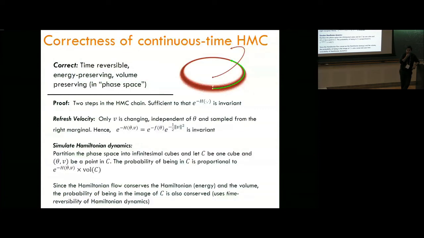Yeah, that's a good point, right? The first thing to check is that it preserves your target density function, which it does, but it may also preserve other things. This may not be the unique invariant measure. That's what you're asking. Yeah, that's a valid point. So now, why do you need this step?